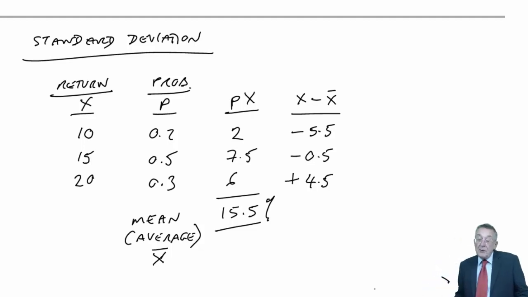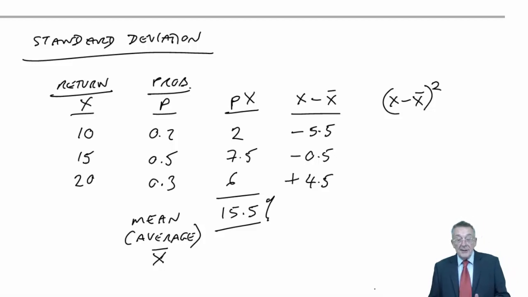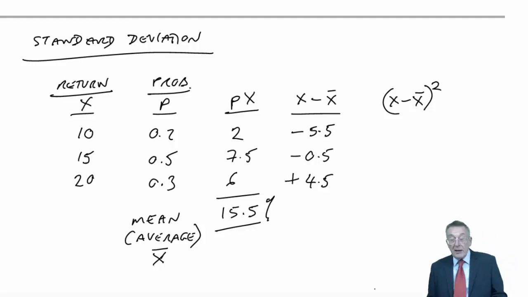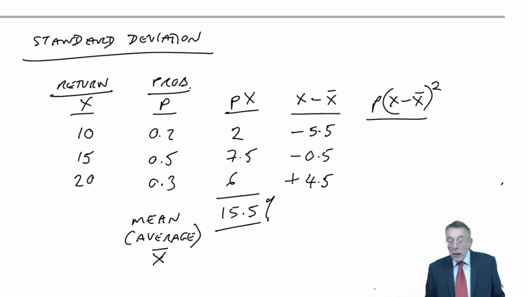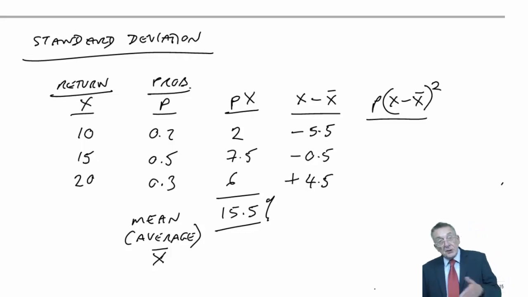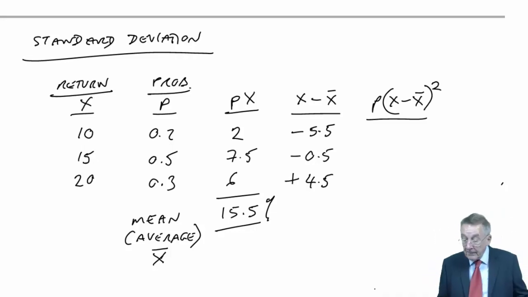So to avoid that, we take x minus x bar, we square the differences, and then we take a weighted average, multiplying by the probability. Because when we square the differences, they all become positive. So it's basically a way of getting rid of the sign.